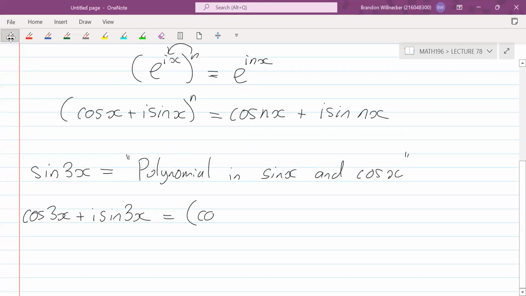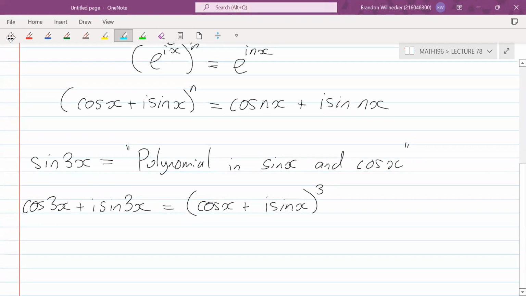This is equal to (cos x + i sin x) cubed. So the 3 from the 3x now becomes the exponent 3. Notice that on the left-hand side, the imaginary part is what we want, because sin 3x is what we're looking for.